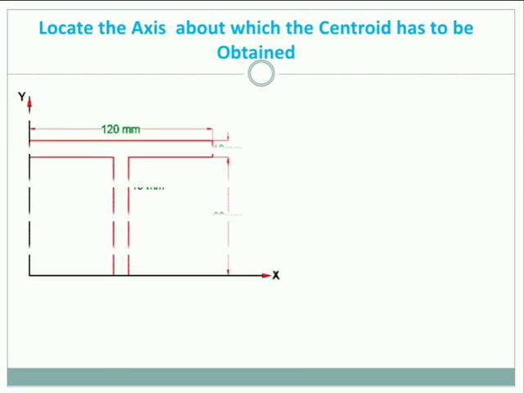So now step 1, we have to locate the axis, because in the given example there is no axis given. So first start with locating the axis with the figure. I have taken the standard x and y axis such that the entire element lies in the first quadrant, so that analysis becomes easier.